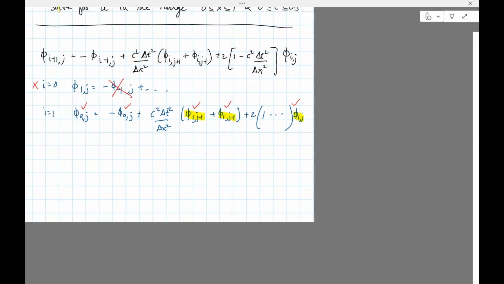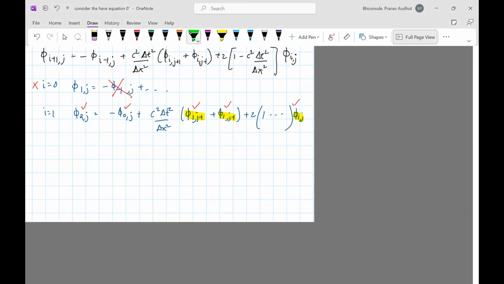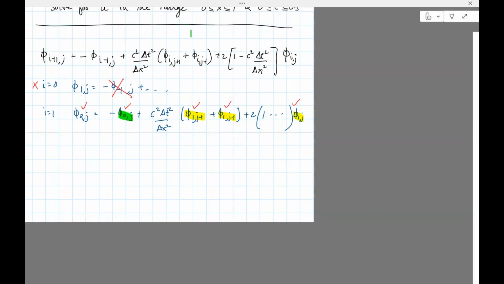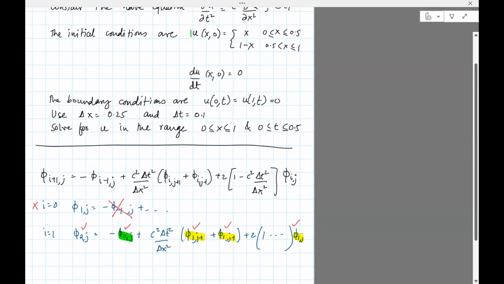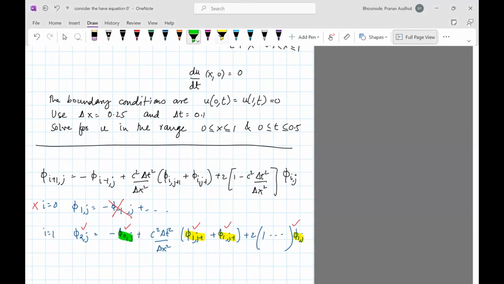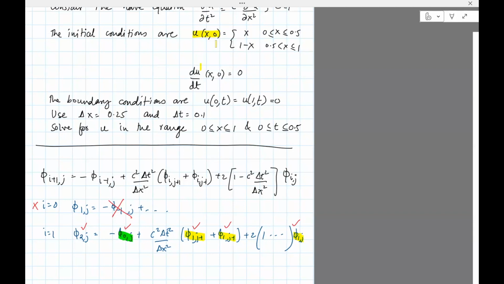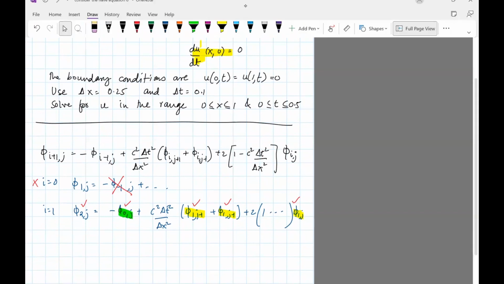We also need the value when the index i equals 0. So these two values actually come from the boundary condition, sorry, from the initial condition. These conditions should give you the values for u 0 and u 1. So let's see how to use them.